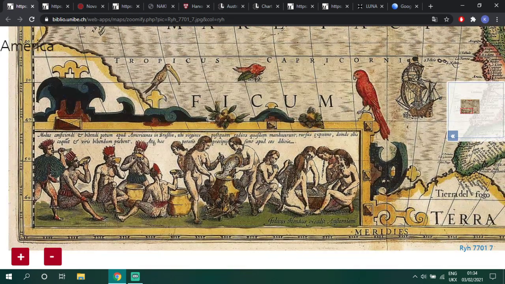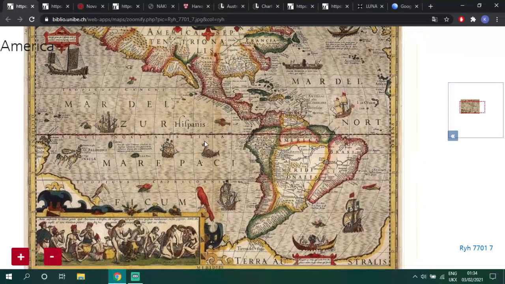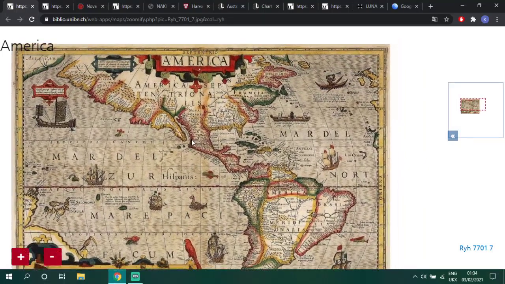So here we see this is a map from 1630, just thought I'd let you know, and yeah, it's a beauty, absolute beauty.